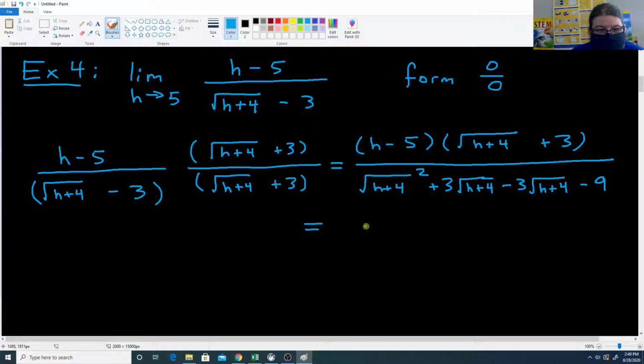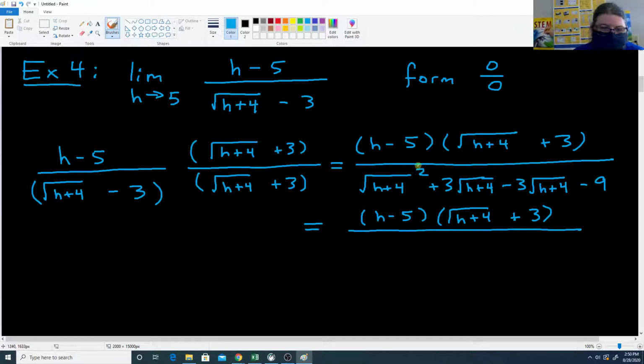Let's rewrite the top part. Now, a square will cancel a square root, so I'll be left with an h plus 4 down here. We have positive 3 square roots of h plus 4, minus 3 square roots of h plus 4.